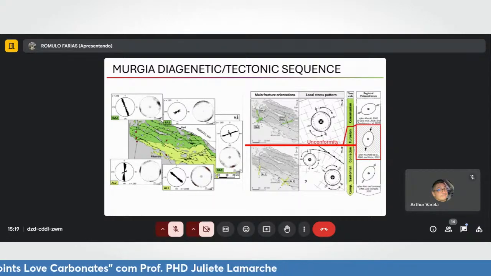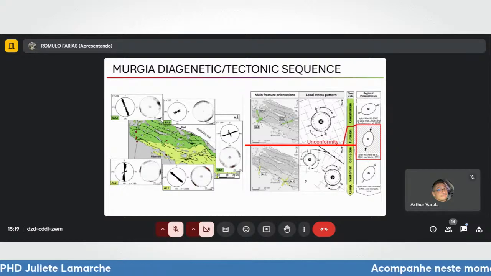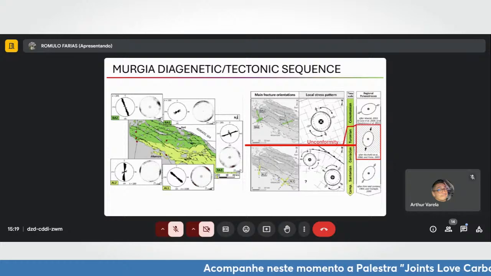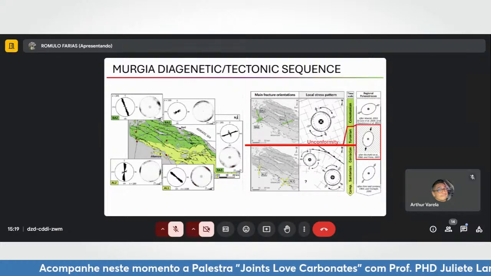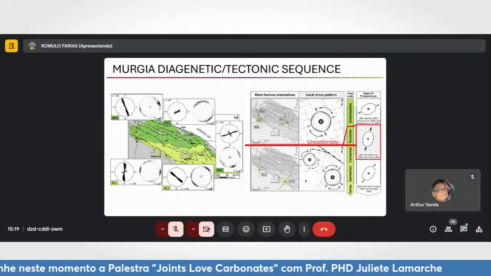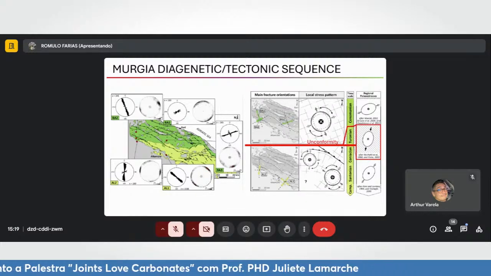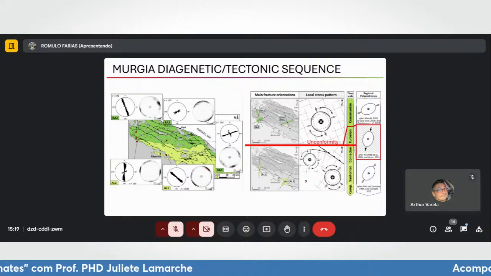So when the lower Cretaceous was deposited, the stress was a little bit different compared to the upper Cretaceous. And this is visible in the fracture pattern. I mean, the fracture pattern in the lower Cretaceous is oblique to the one in the upper Cretaceous.